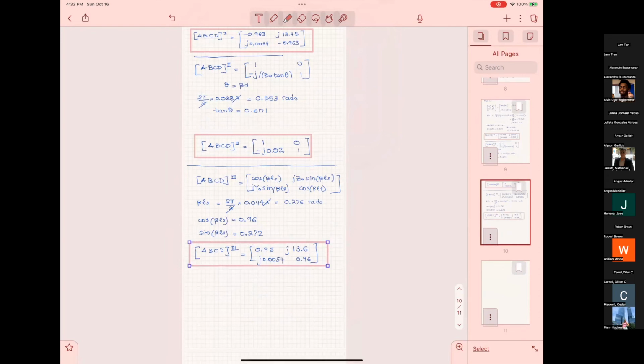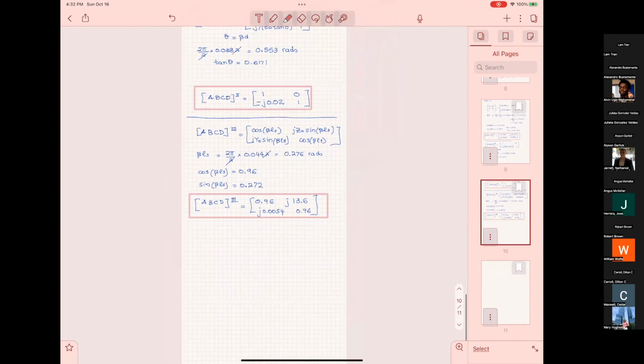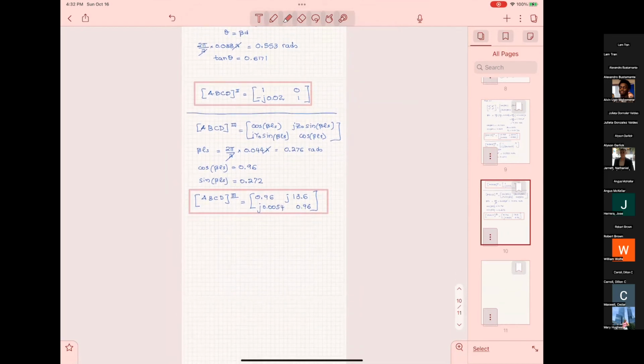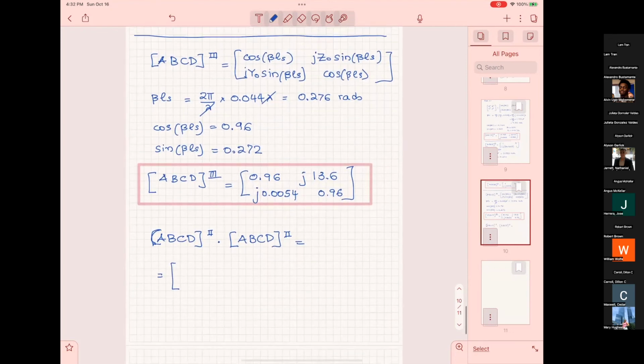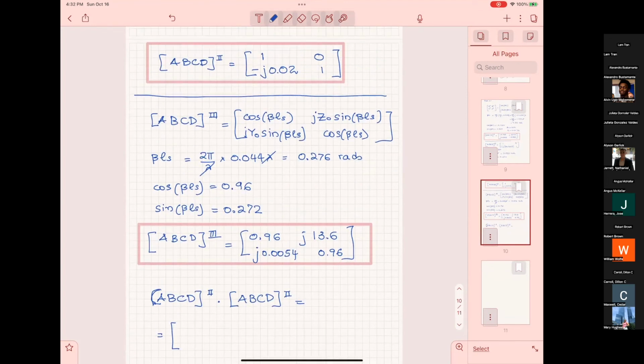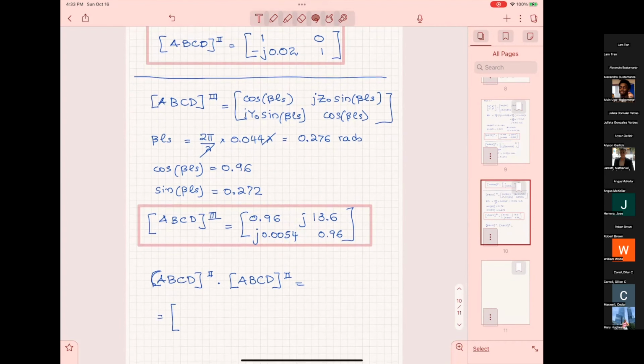And then multiply them. But when you multiply them, you have to keep the order. So first, I would multiply A, B, C, D 2 times A, B, C, D 3. All right, and then that would give you this one, the first one, times this one, and that will be 0.96.